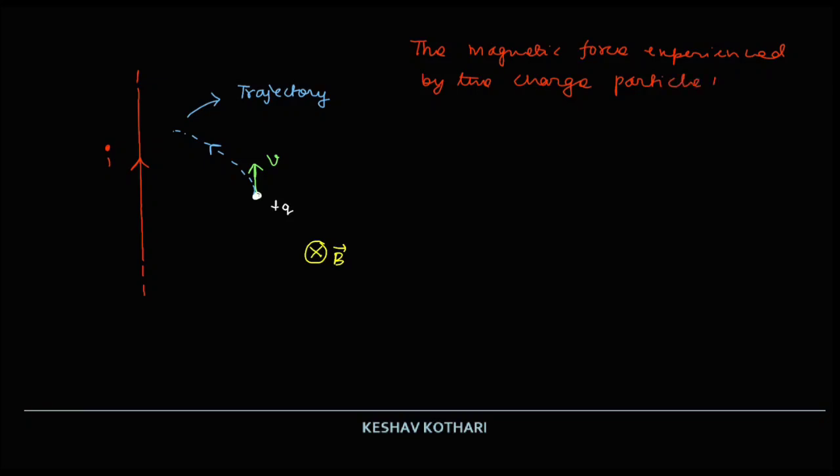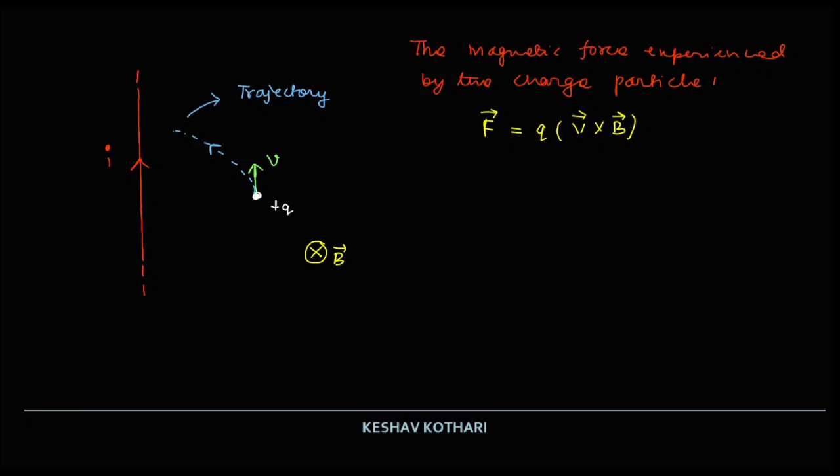So the value of force which the charge particle is going to experience can be written as F vector is equal to Q V cross B. So this is the value of force vector which the charge particle is going to experience when placed in a magnetic field.